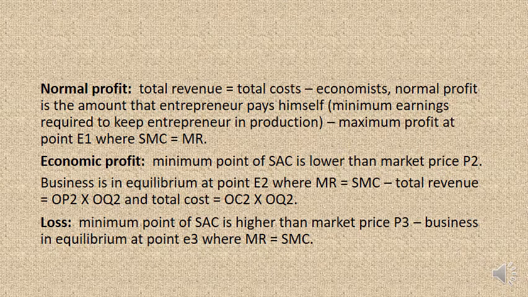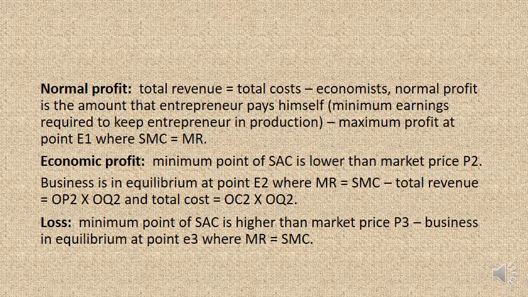So let's have a look at the different profit situations before I show you on a graph. Normal profit is total revenues equal to total costs. Remember, for economists, we take into account our implicit costs as well. So normal profit also includes the amount that the entrepreneur would pay himself.